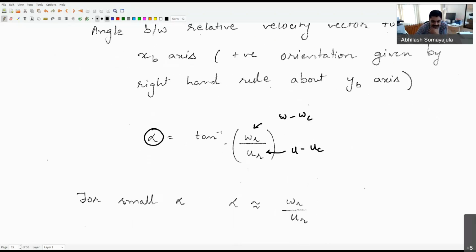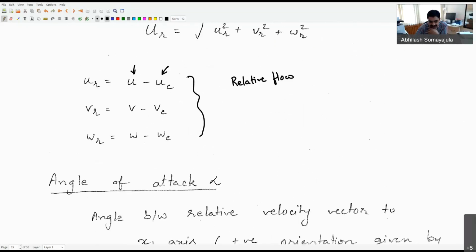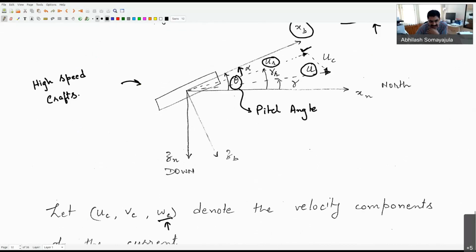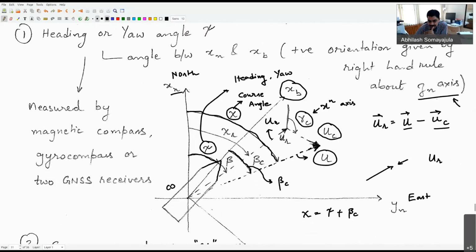When the angle of attack is small, we may approximate this tan inverse as just WR by UR, which is usually a fairly good assumption for most of our applications. Now, this angle of attack is most important for high-speed crafts. If not, we are not too worried about the vertical plane motions. We are more worried about the horizontal plane motions, which are depicted more in this picture here.